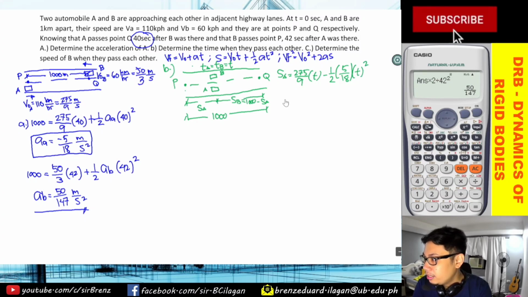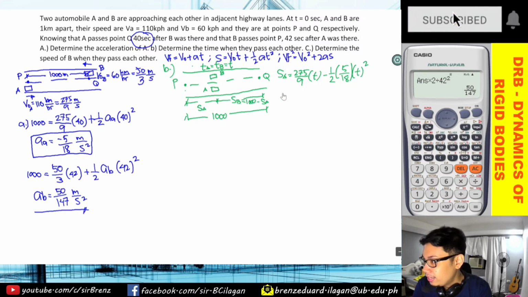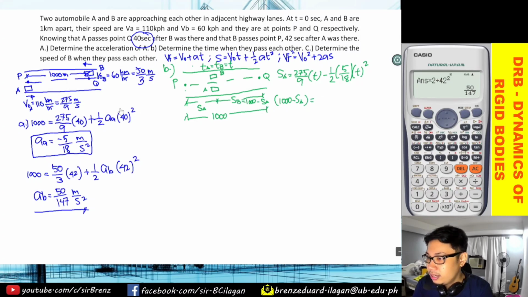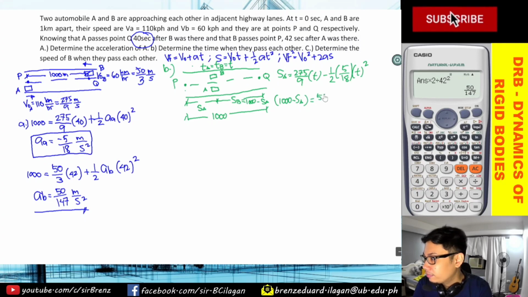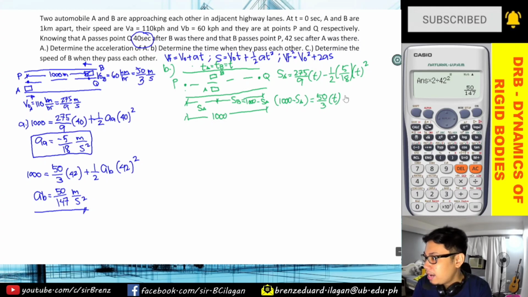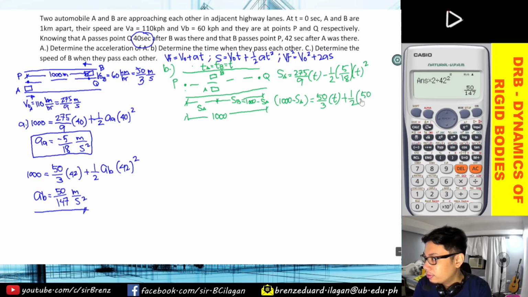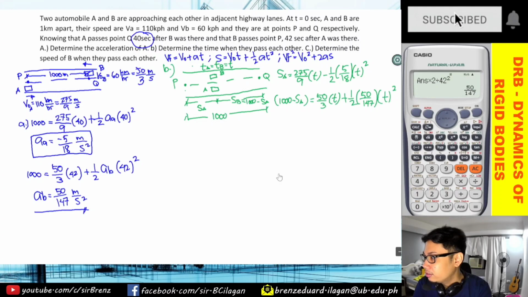And then for car B, pwede na natin siyang i-replace na 1,000 minus S sub A, or yung distance traveled by car B na nagpang-abot sila, is equals dun sa initial velocity ni car B, which is 50 over 3. And then again, time iisa yan. And mapapalabas nga natin, plus, nag-accelerate siya at a rate of 50 over 147, and then multiply by the time t squared.